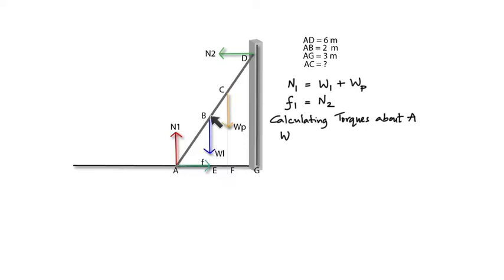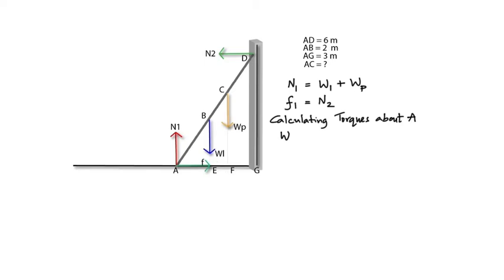So for example, when you calculate the distance between WL and that point, we have to take the distance AE because that's the perpendicular distance. See that? Similarly, when you consider the distance between this force WP and the point, we have to consider the distance AF because that is the perpendicular distance.